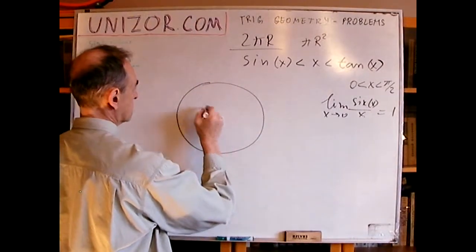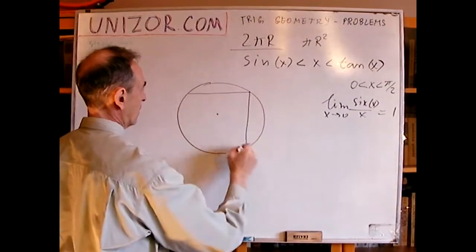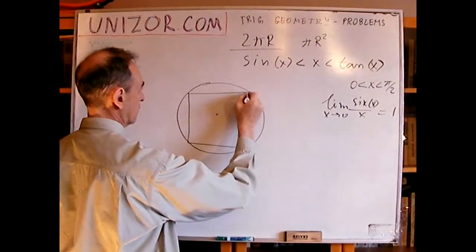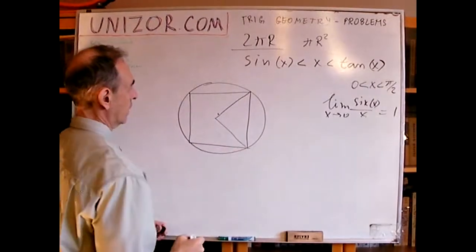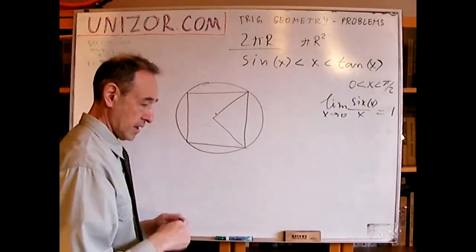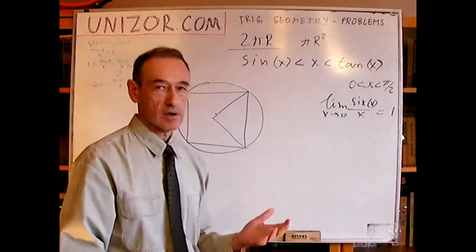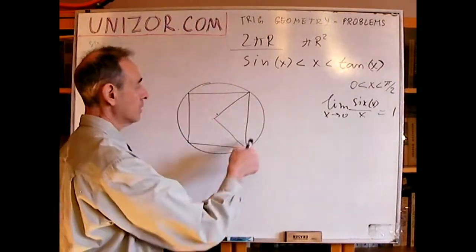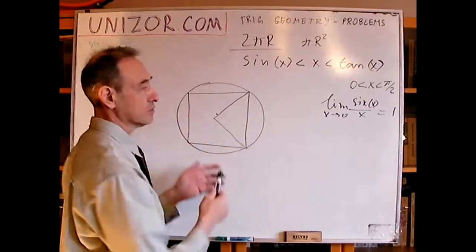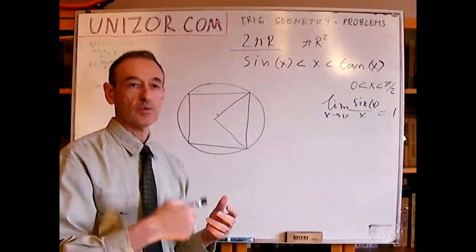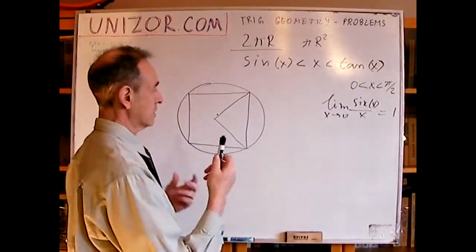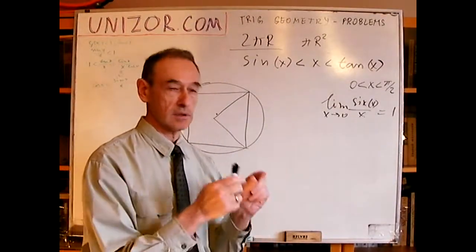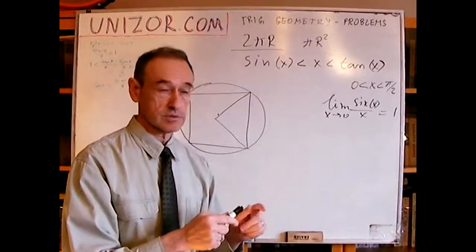Again, let's inscribe a square. Doesn't really matter what kind. Okay, so again, the area of a circle would be a limit of the area of polygons inscribed into a circle, and the process would be exactly the same, that the number of sides goes to infinity and the length of each side of the polygon goes to 0.